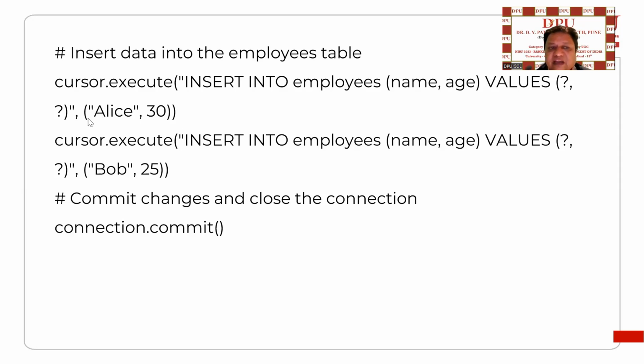For example, for name I want to insert Alice, and for age I want to insert 30. So what is this question mark? The question marks are called placeholders. The first question mark will hold the value Alice, and the second question mark will hold the value for age, 30.